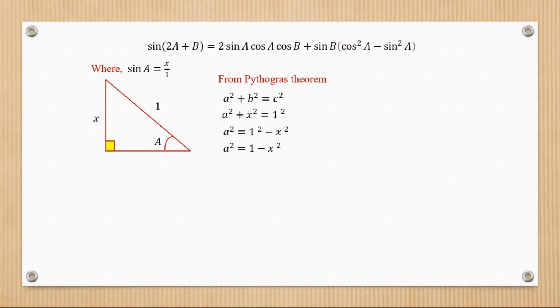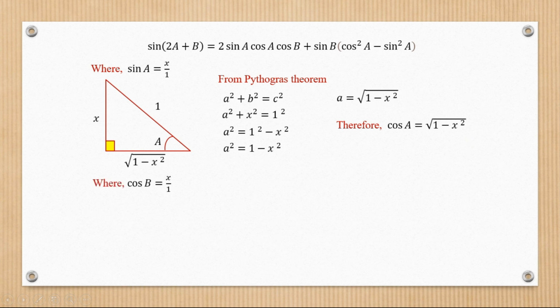If we find the root of that, we can say that a is root of 1 minus x squared. So now we know what the adjacent value is. Therefore cos of a, which is adjacent over hypotenuse, is going to be root of 1 minus x squared divided by 1, which is root of 1 minus x squared.